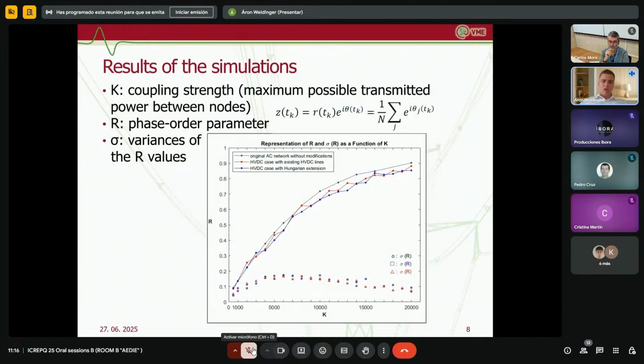The first graph shows the Kuramoto order parameter R. It measures phase synchronization ranging from 0 to 1, with 1 meaning full synchronization. The x-axis is the coupling strength K, which is essentially the maximum transmissible power between nodes, which spans from 500 to 20,000 in this case. Here the black color represents the baseline case where HVDC lines are not specially modeled, they are neglected.